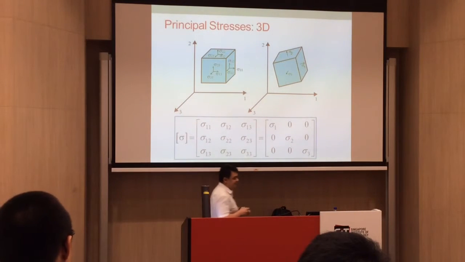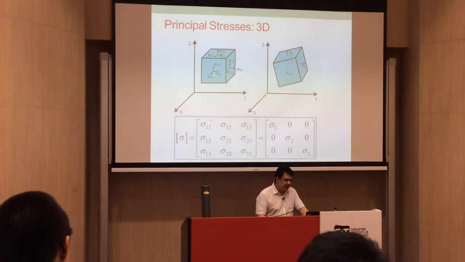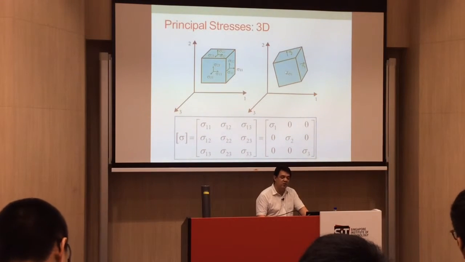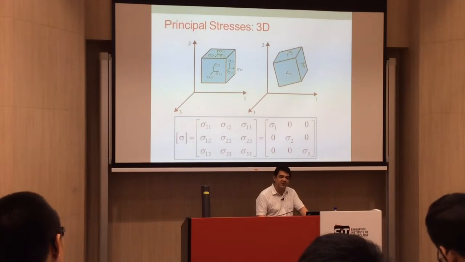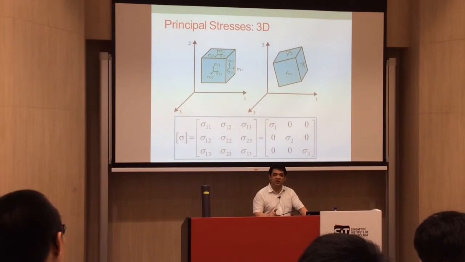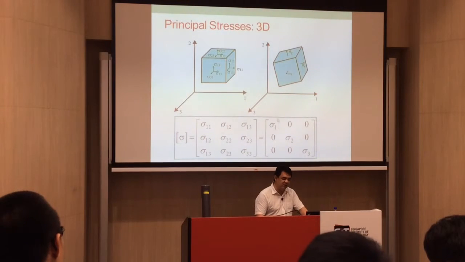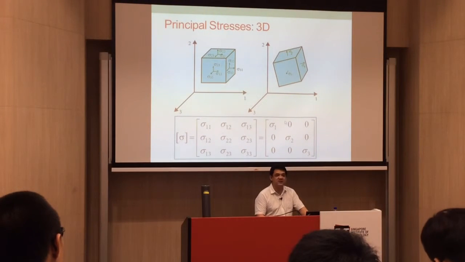So instead of having 3 normal stresses and 6 shear stresses, you would like to rotate this one such that you only have 3 normal stresses, 0 shear stresses. And these stresses are specially called principal stresses.